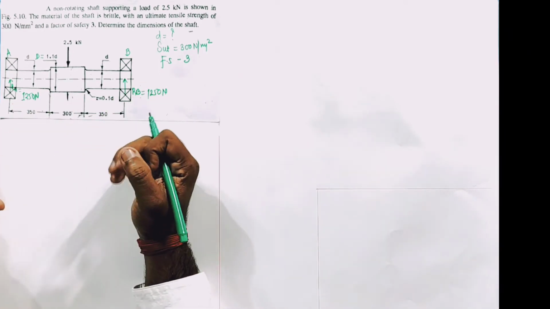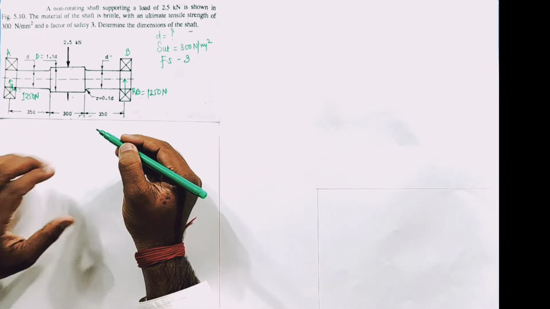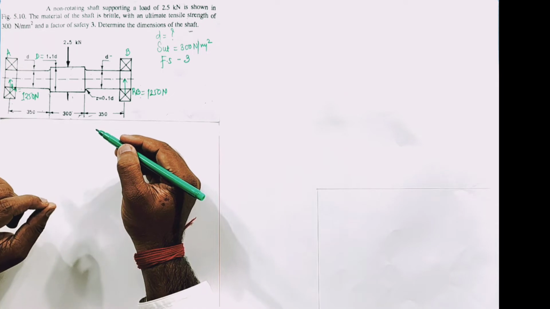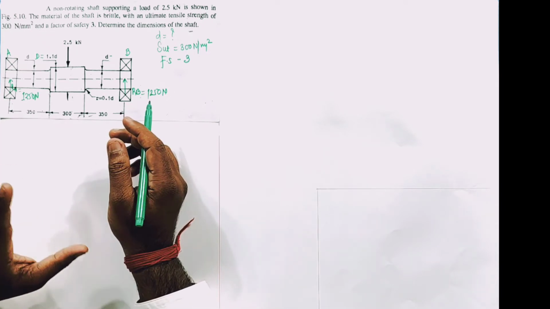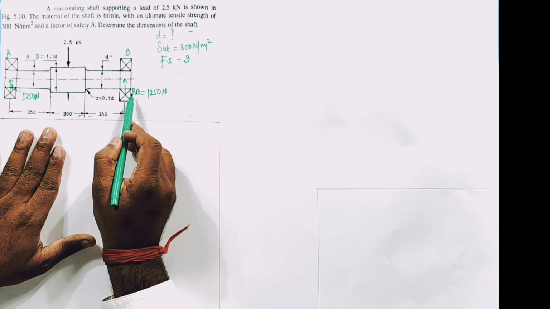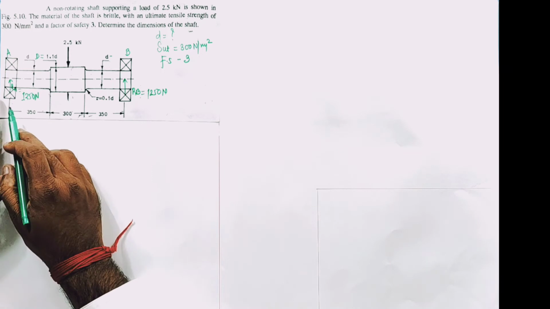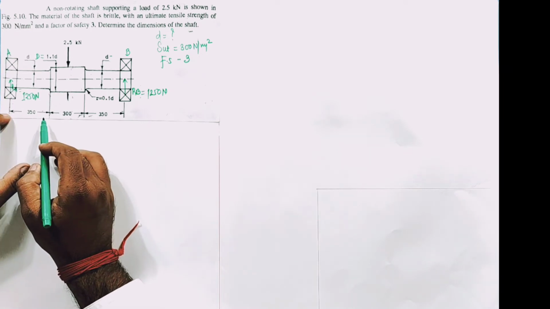Second part, as they have mentioned, determine the diameter of the shaft d. It means while calculating that, I will have to consider the parameter. At which point will I have to select? See, from the fillet end with respect to bearing B, 350 mm distance. Here also with respect to bearing A, 350 mm distance.